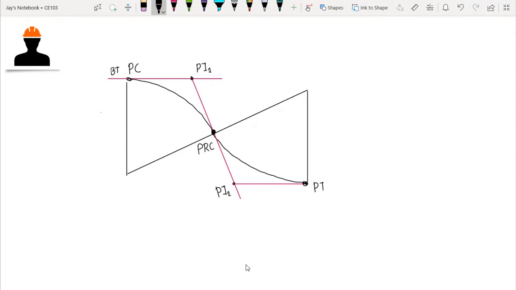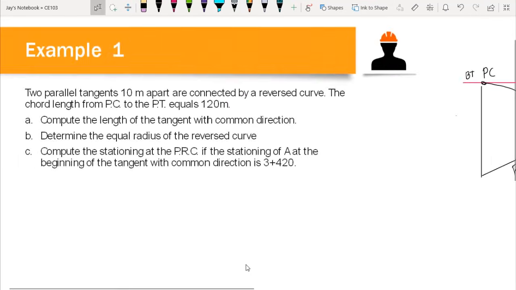From our problem, we now know that the radii of the two curves are equal. So let's say this is R1, and this one is R2 as well. According to the problem, we have two parallel tangents 10 meters apart connected by a reverse curve.